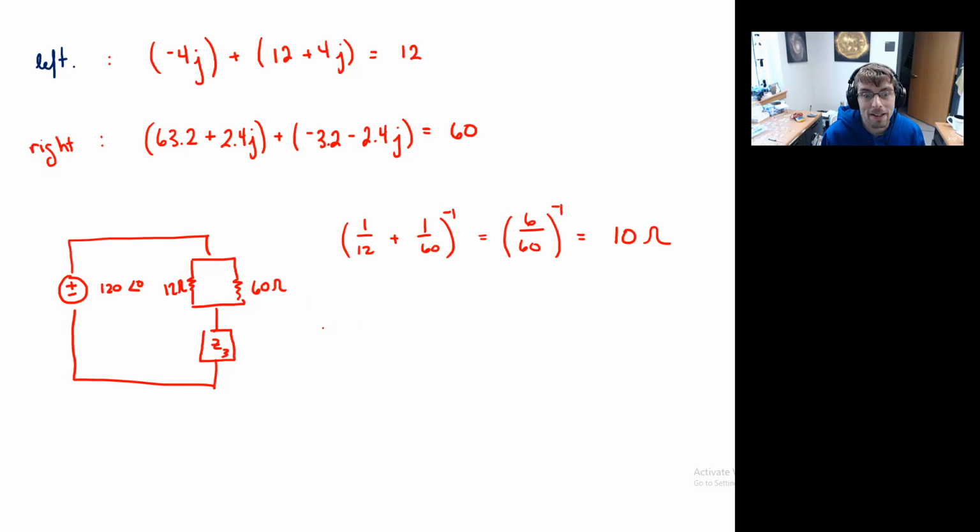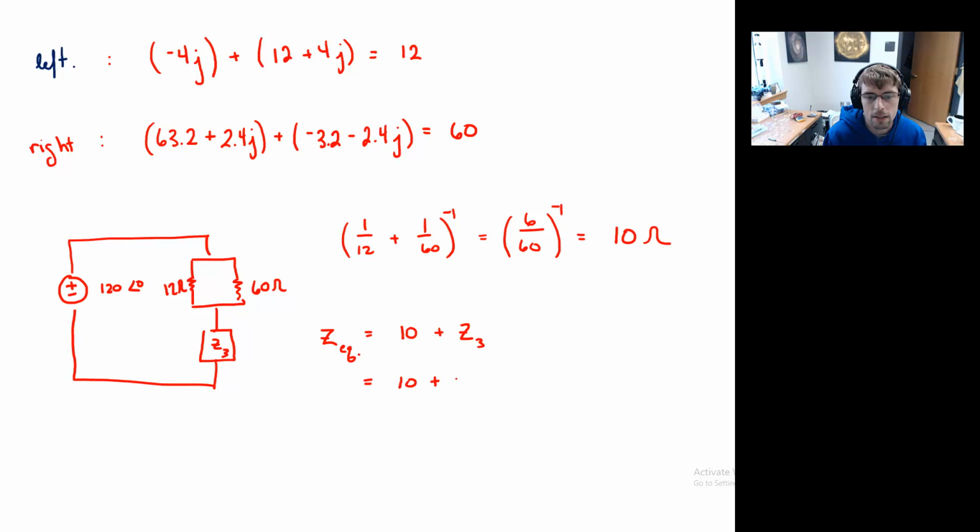So last but not least, if I want to know the equivalent impedance of the entire circuit, I take my 10 ohms from that parallel branch at the top and add to it the value of Z3. So what do I have at the end of the day?